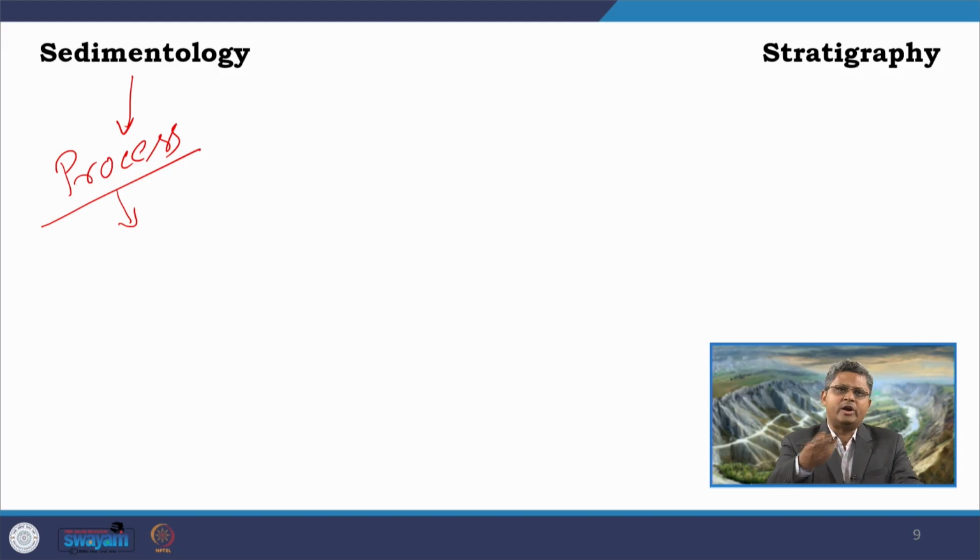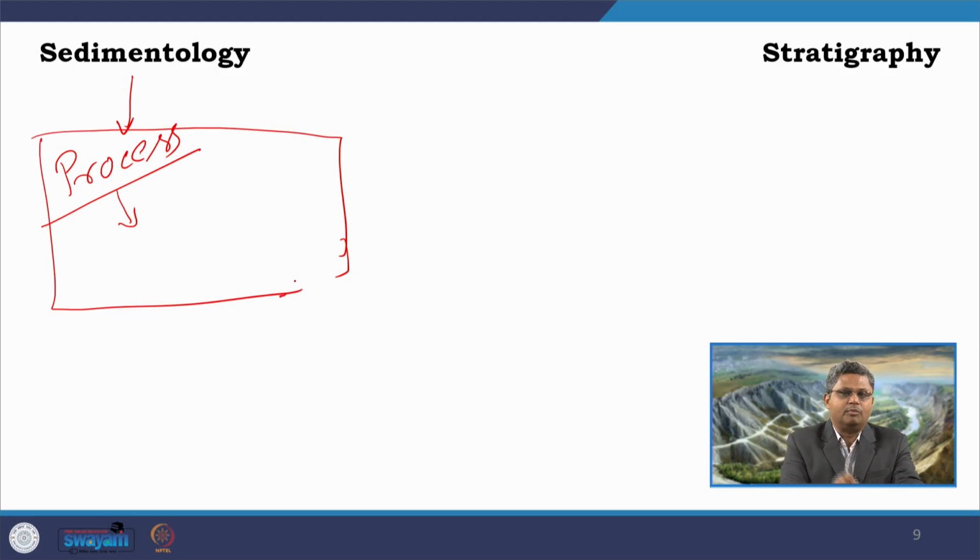Here, when we are doing the sedimentology part, we are not concerned about the time aspect. We are only concerned about what processes are involved and how these processes have resulted in certain products which are appearing now as a sedimentary rock or a succession of sedimentary rock. So, this is one component where we are getting the process response part.